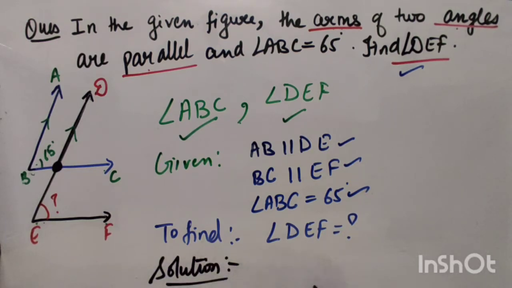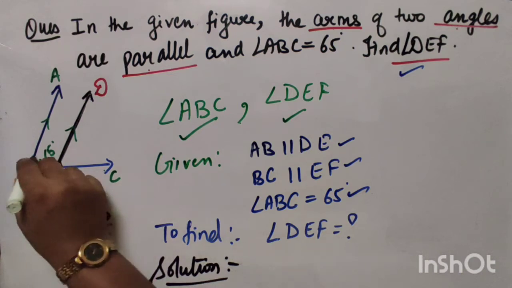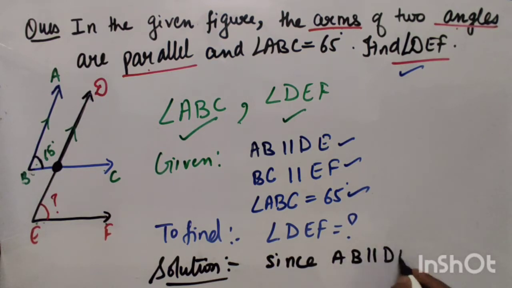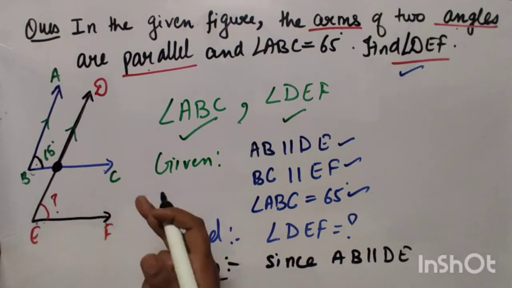In the solution, we know that this angle is given as 65. Since AB is parallel to DE, one arm will be acting as a transversal.